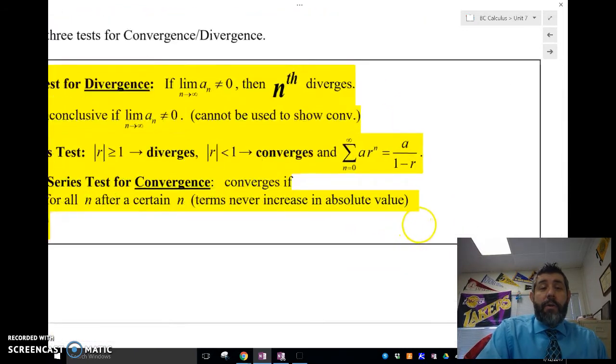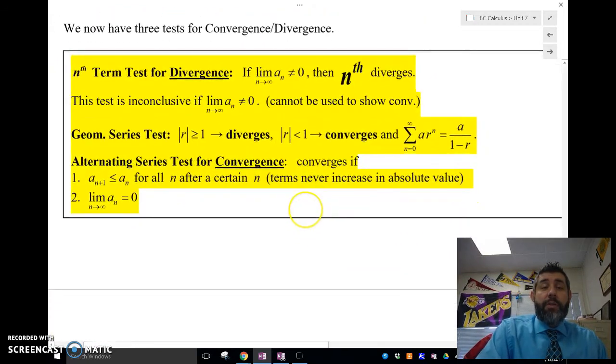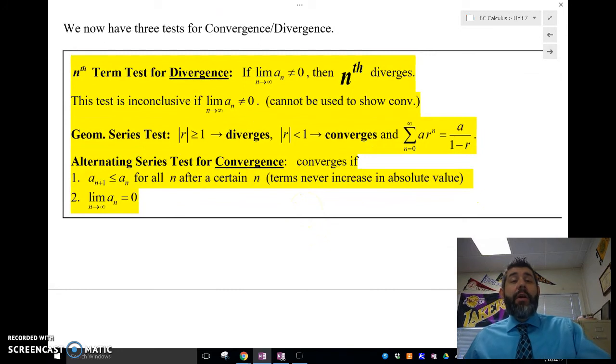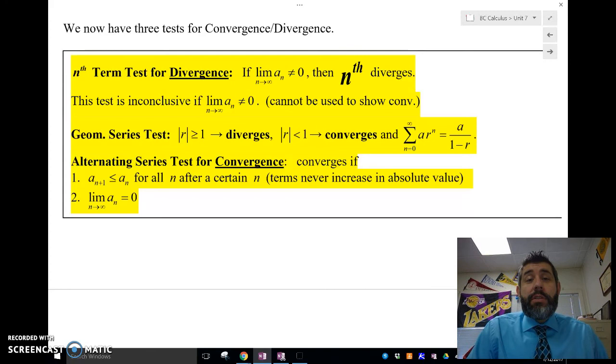So folks, thus far in our course we have three tests for checking on convergence and divergence. We have the nth term test for divergence, which we just talked about.